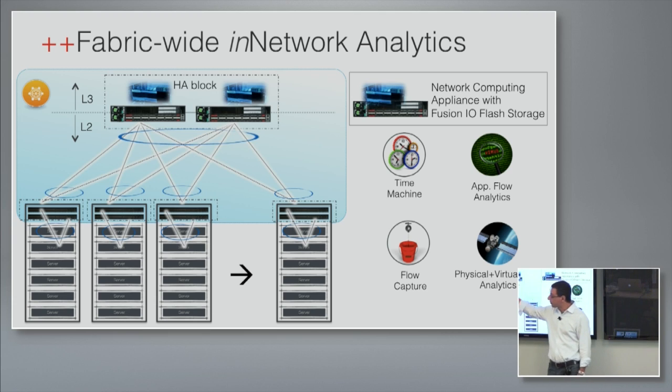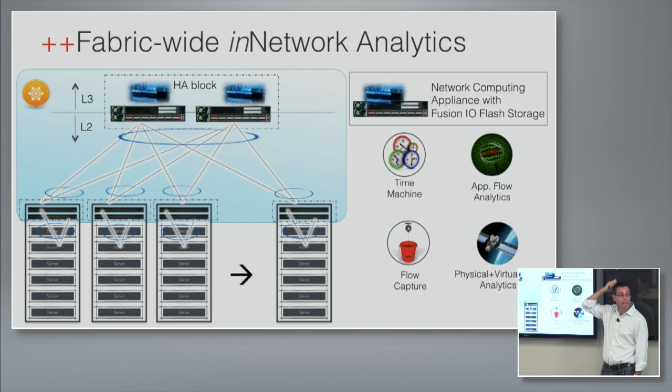Fundamentally, what I've put here is a couple of high performance appliances with the Fusion I/O flash storage, because with Fusion I/O flash storage, we can record analytics in real time. I can write at roughly 10 gig speed all the events happening through the network. We can do time machine, and you will see time machine in action later on.